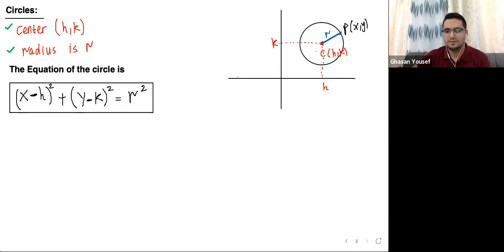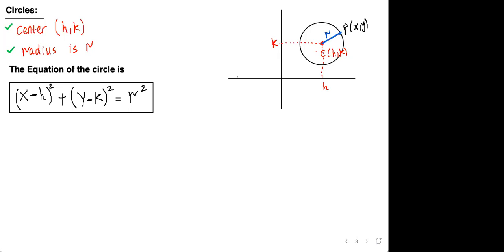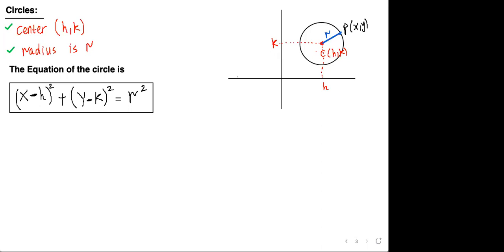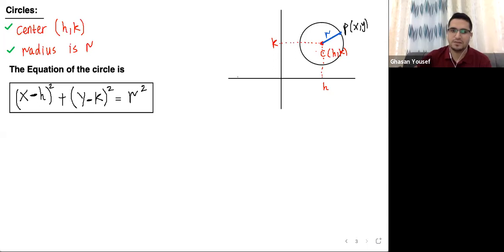Any idea? Would it be x minus 0 squared plus y minus 0 squared equals what? Equals r squared, right? Yes, correct.